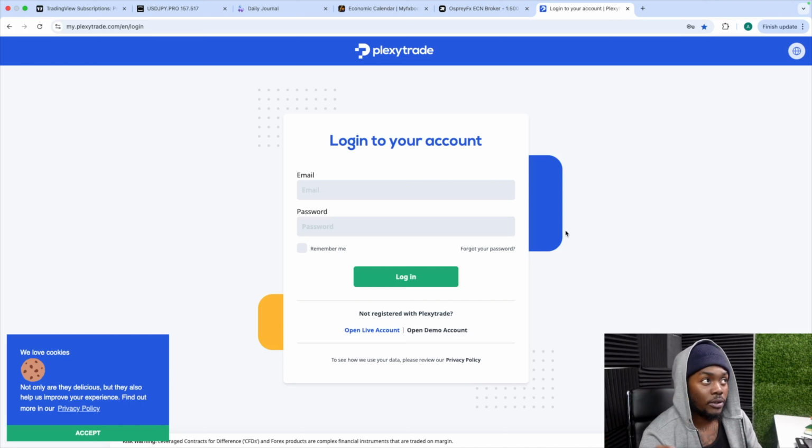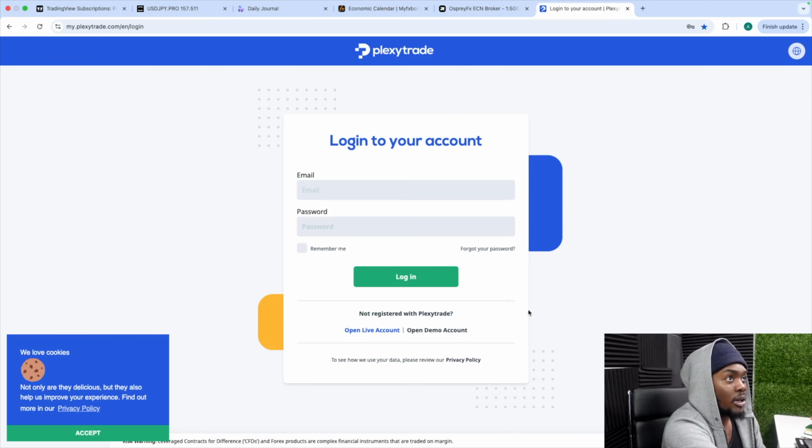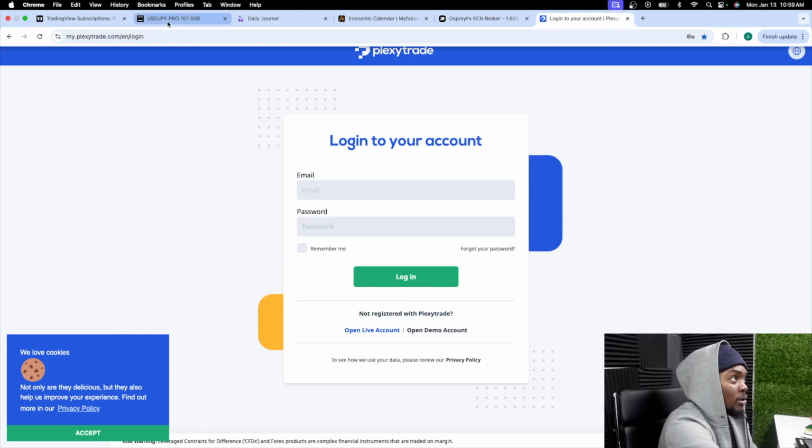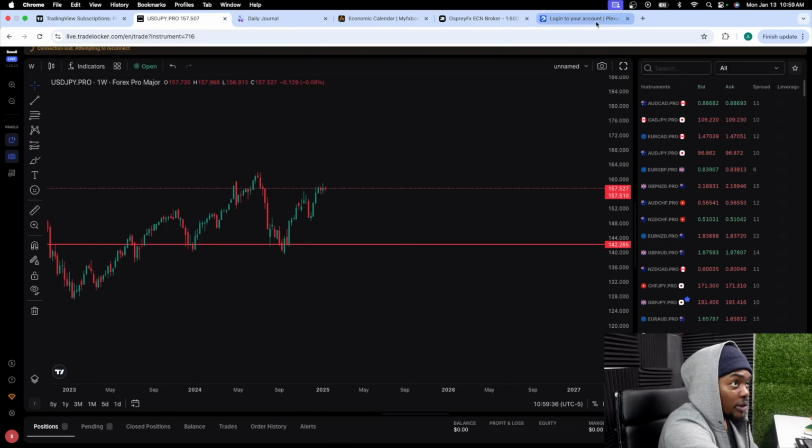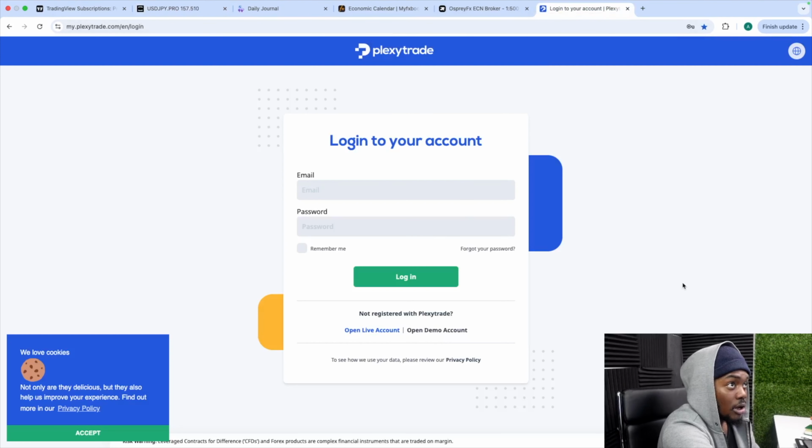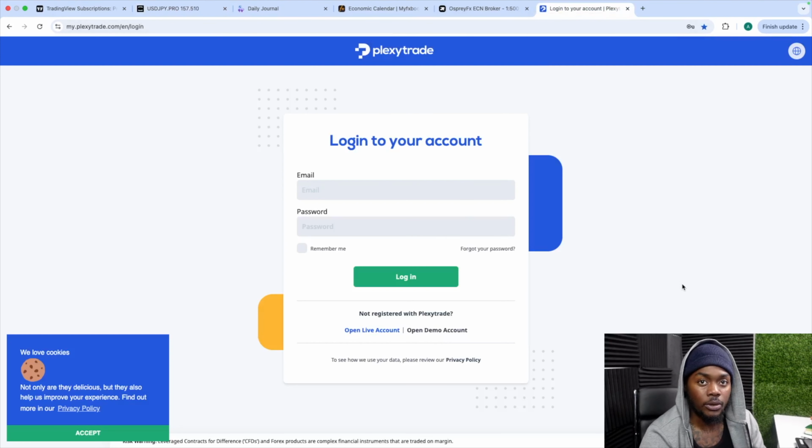You can download MT4, where you can enter and exit your trades. For me, my platform is Trade Locker, and if you're using PlexiTrade, your platform is going to be MT4, the little blue app in the Apple Store.